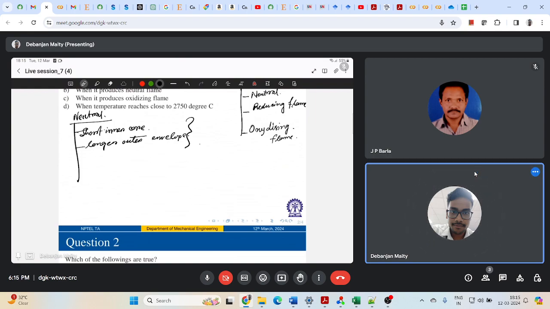Now, let me draw a schematic to understand those chemical reactions.